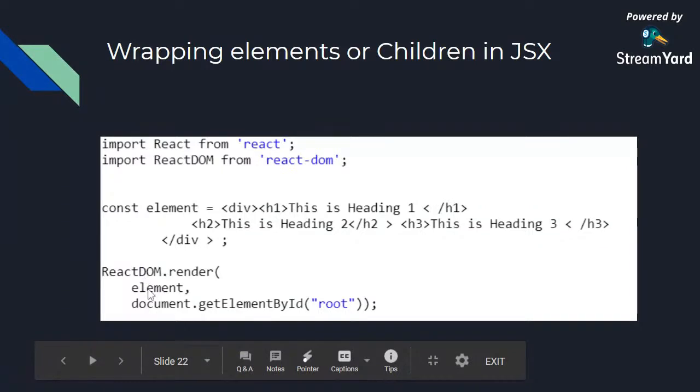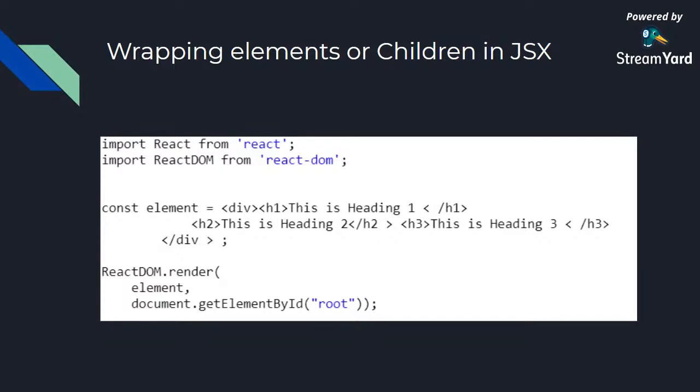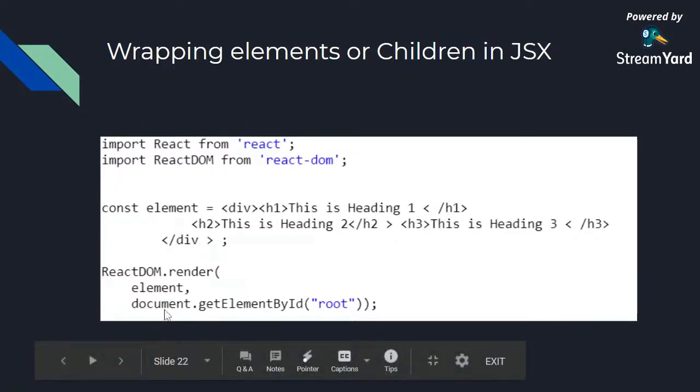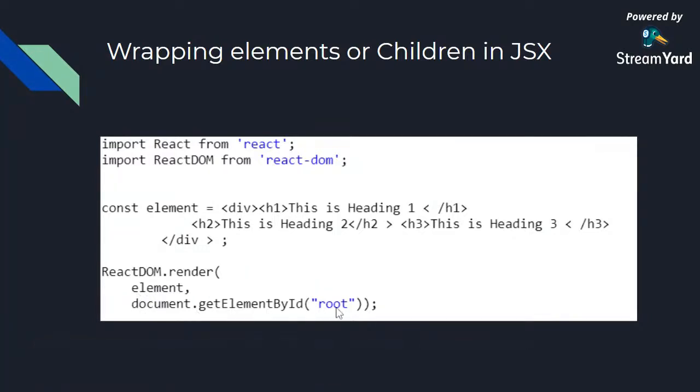The second parameter is where it needs to be rendered: document.getElementById('root'). Root is the parent element that houses all the other child elements. So document.getElementById('root') is the container in which this particular element needs to be rendered. So this is the element, this is the container. You can have the third optional callback if you want.